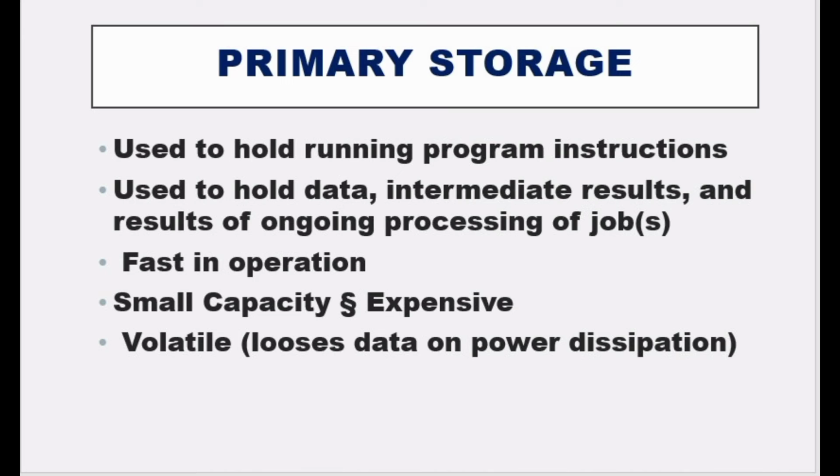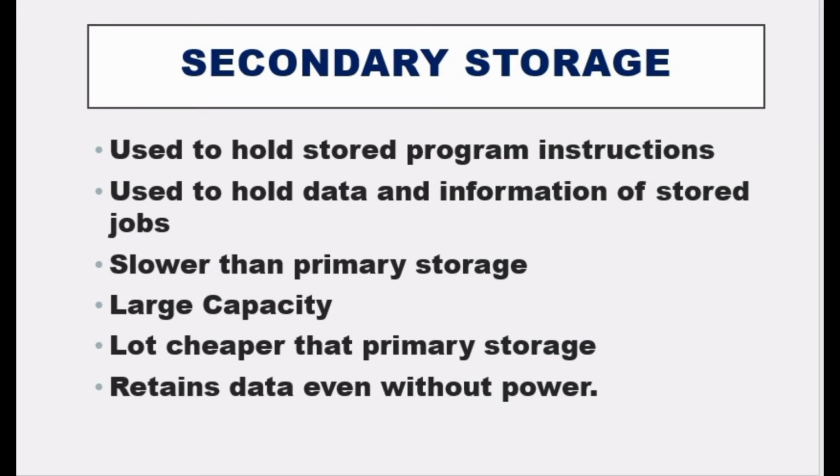Now you may ask: whenever we switch off the computer, all the data is erased, so how does the computer control this? That is where secondary storage comes in. It is used to store programs and instructions, and it has a much larger capacity compared to primary storage.